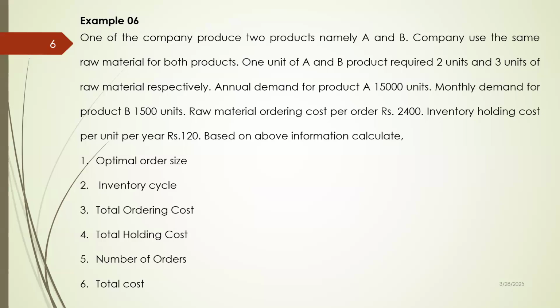You can draw another line for the total cost; the minimum point of the total cost, or the intersecting point of TOC and THC, becomes the economic order quantity. Practically, we normally don't use the graphical method because it wastes time. We use the formula method or calculus method.